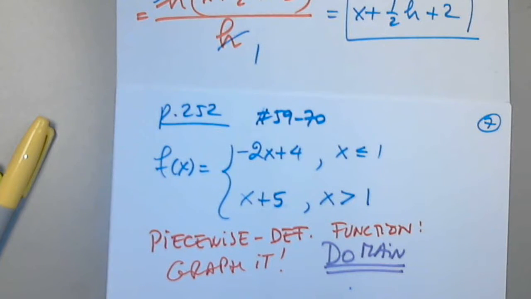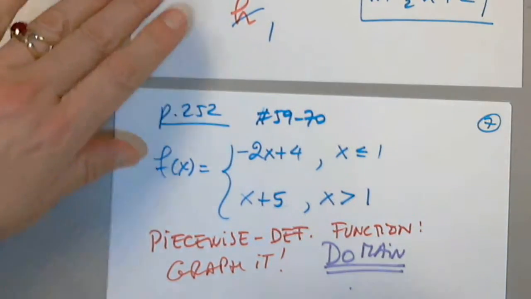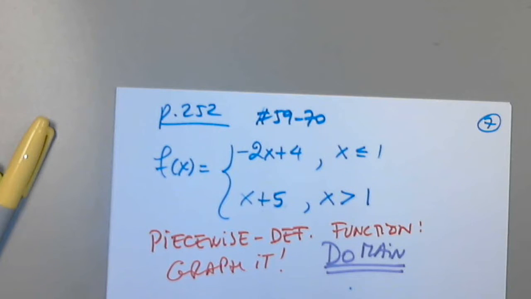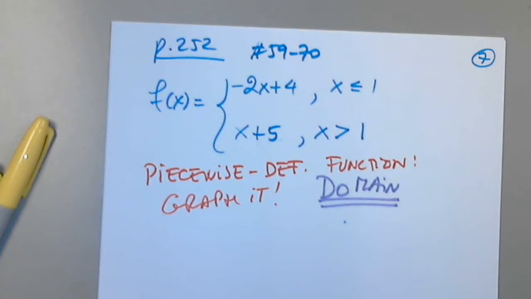If I'm asked to graph a function by hand or with a calculator in any way, shape, or form, I have to find its domain. That is the starting point. I will ask about the range after we graph it. But right now, the domain is necessary.